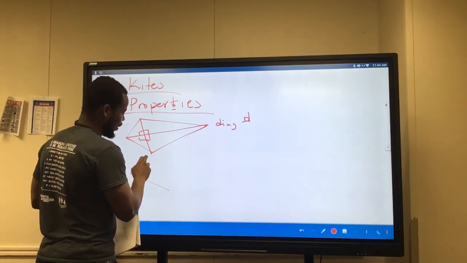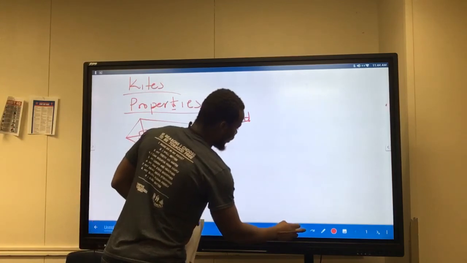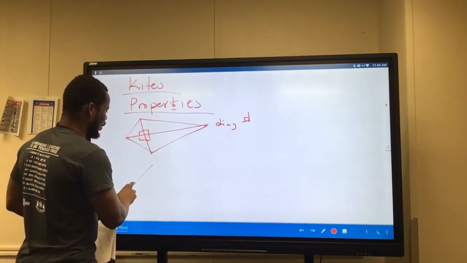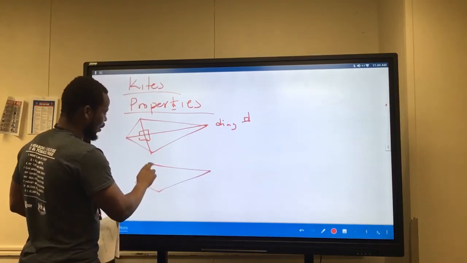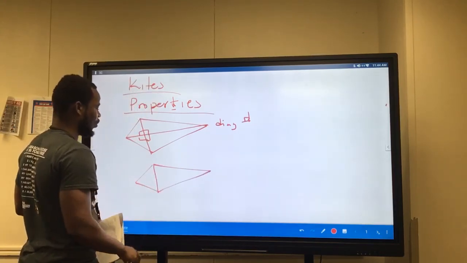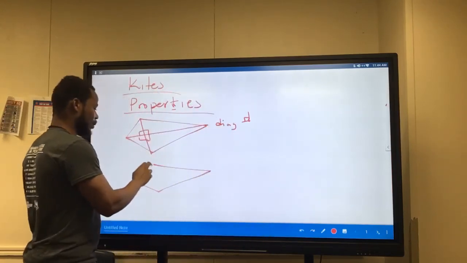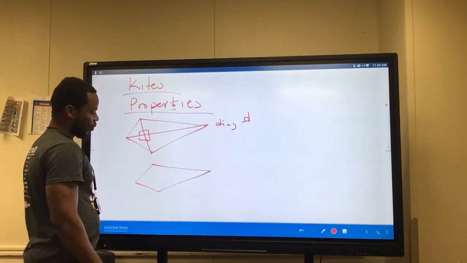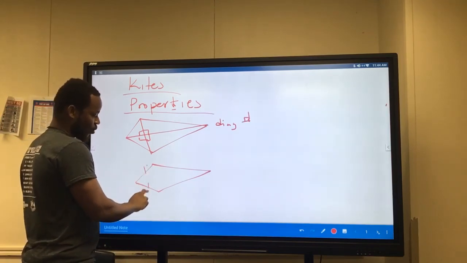Another property of a kite is this. I have the shorter sides, and I have the longer sides of the kite. I want these two to join together. So the length over here is congruent to this length.